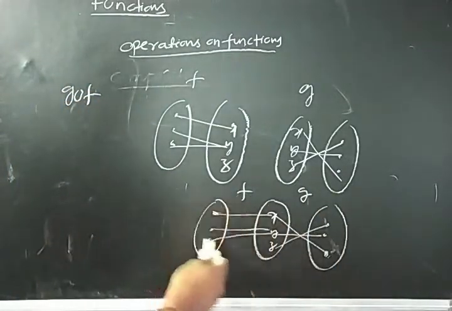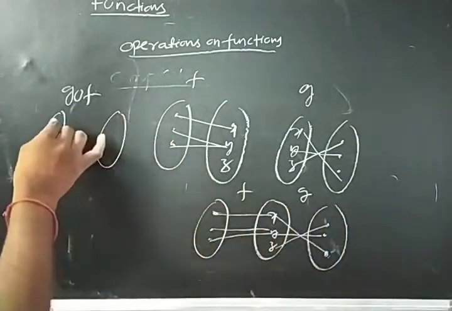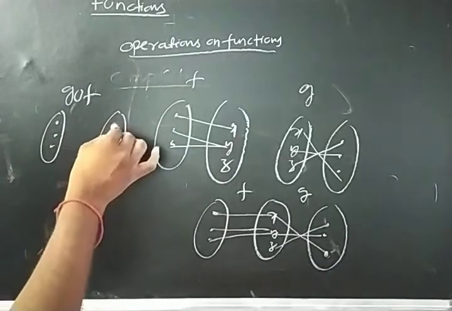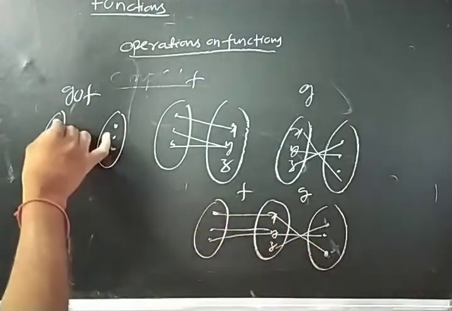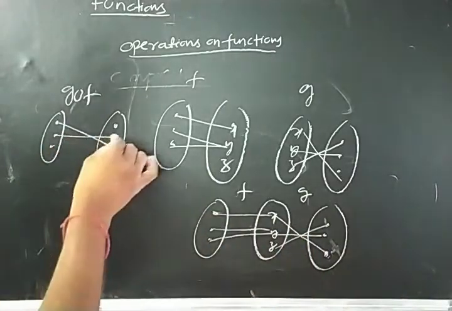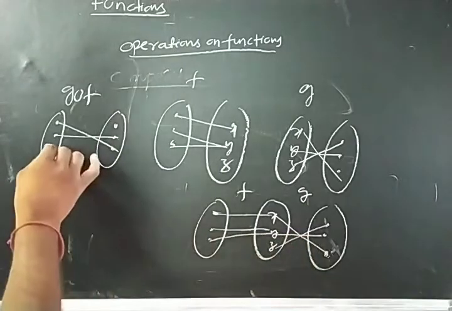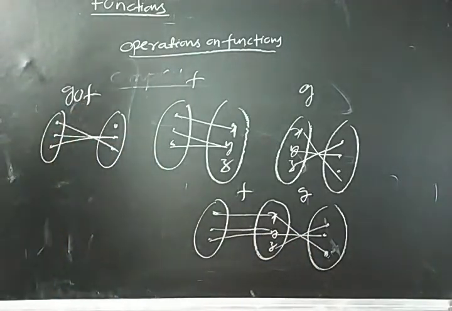How is it defined? Now I am taking this directly as the domain and this as the codomain. See here, we have three elements, and in this codomain also we have three elements. The first element is related with the last element. The second element is related with the second element. The third element is also related with the second element. Now I got a new function which is called g circle f.